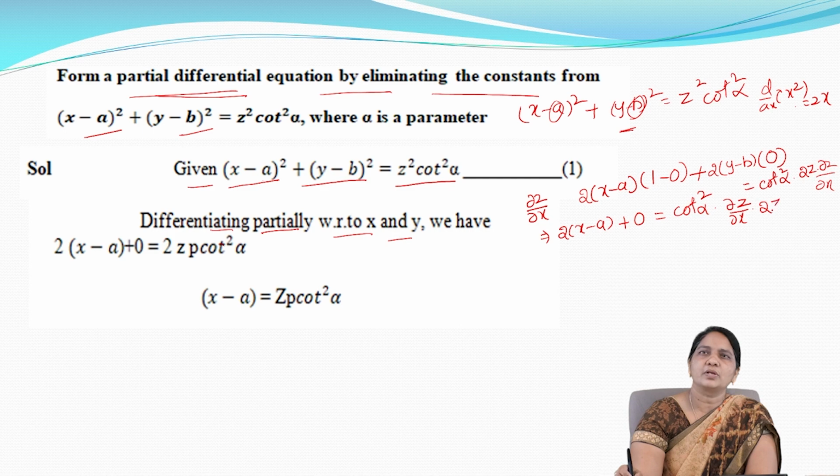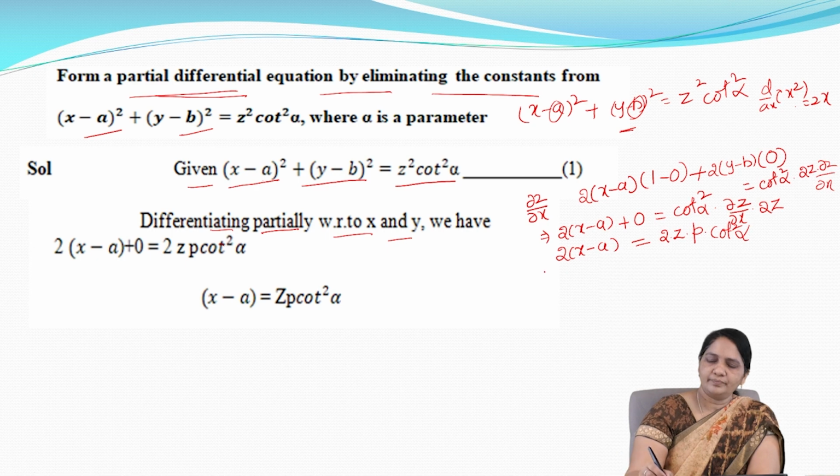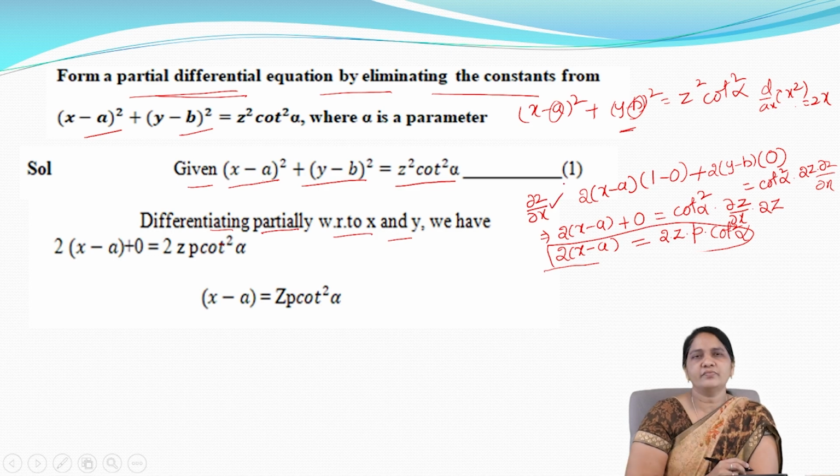According to the notations, 2 into x minus a equal to 2 into z into p into cot square alpha. This is the equation after partial differentiation with respect to x.